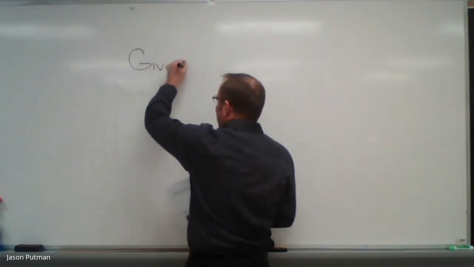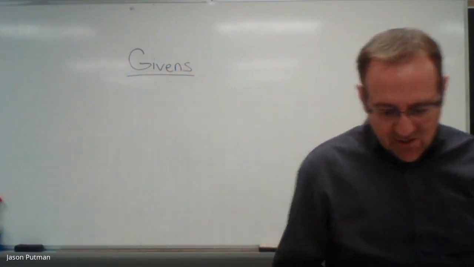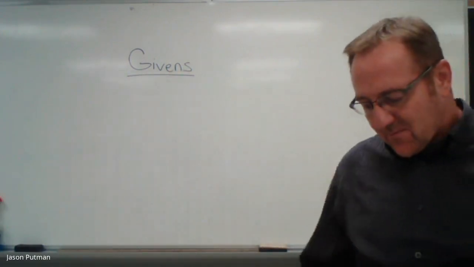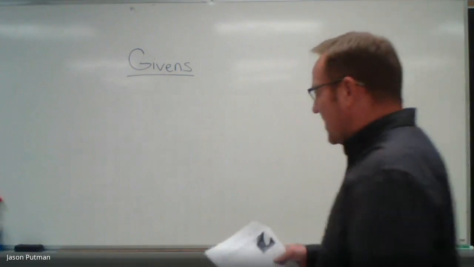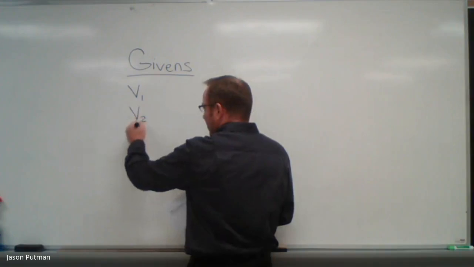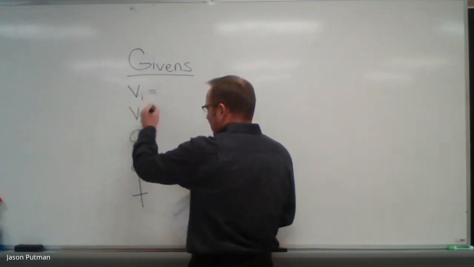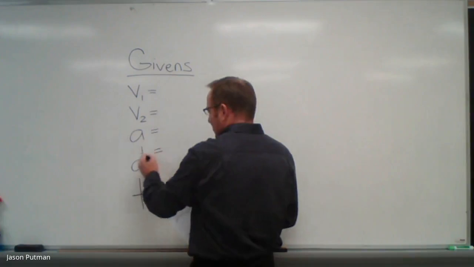In other words, make a list of what's in the question, because that's the best way to figure out how to do the question. And your givens list can only have a possibility of 5 things in it: V1, V2, A, D, and T. These are the 5 variables that are involved in accelerated motion.